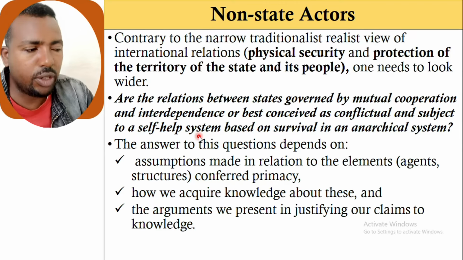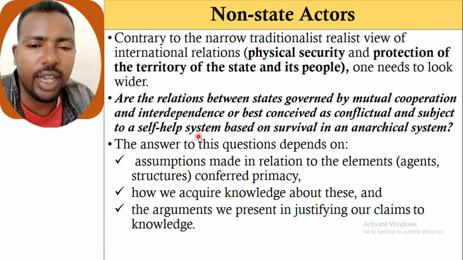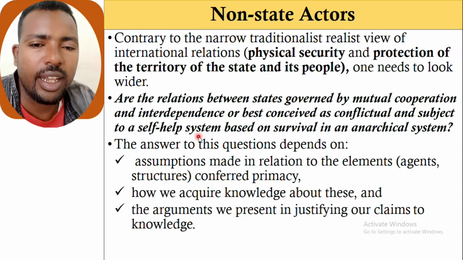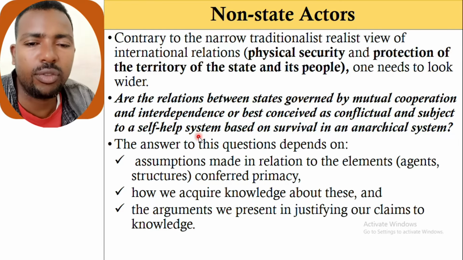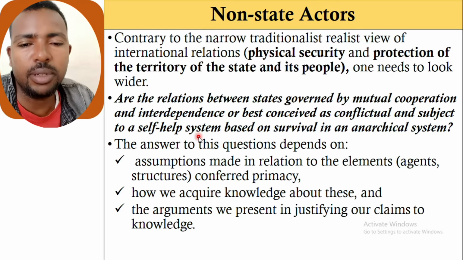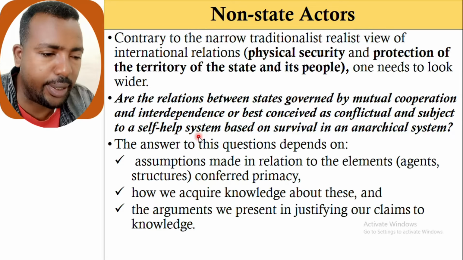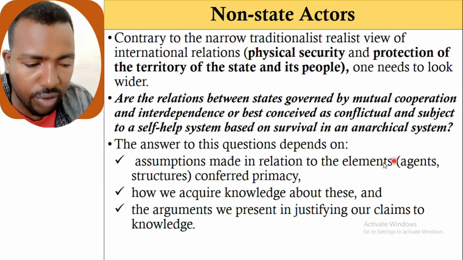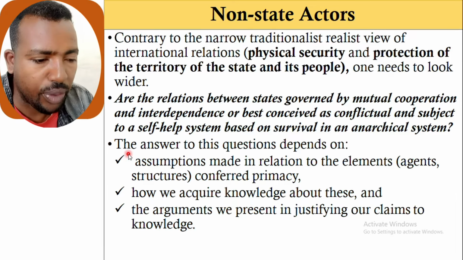By the way, the conflictual and self-help system is a realist perspective and argument, presented that since the international system is anarchic, the states have to try to help themselves in the system, so as not to be occupied by other states. The answer to this question depends on the following elements that we have to deeply look into.